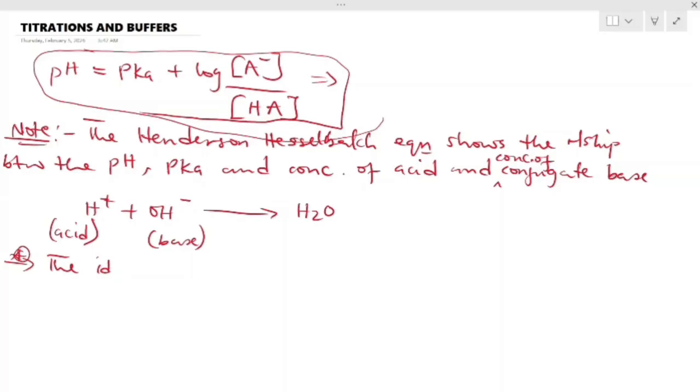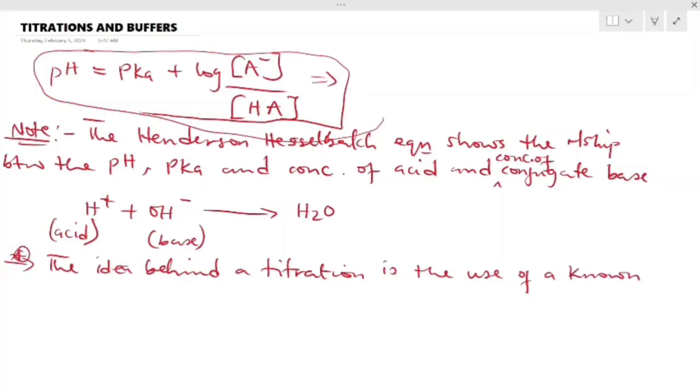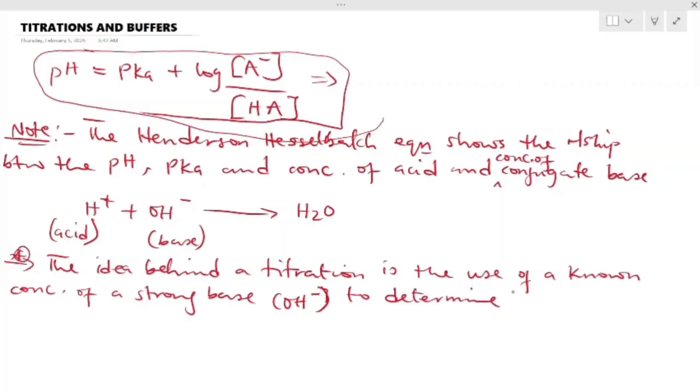The idea behind a titration is the use of a known concentration of a strong base, which represents your OH minus, to determine the concentration of weak acid.